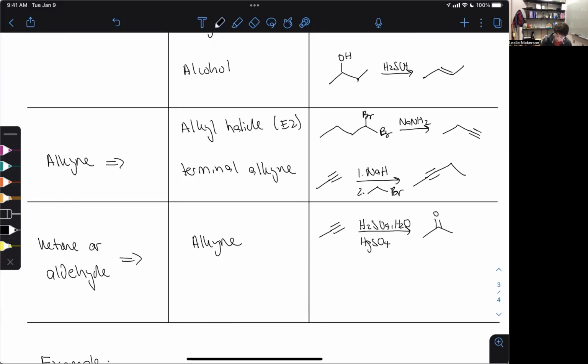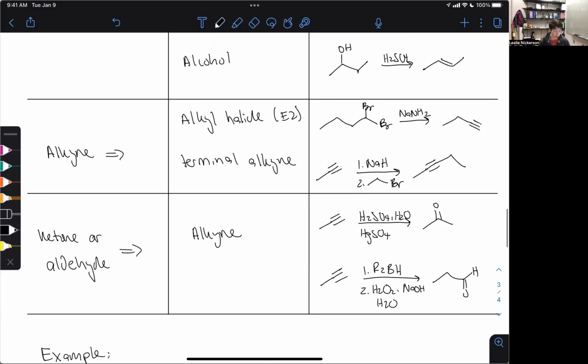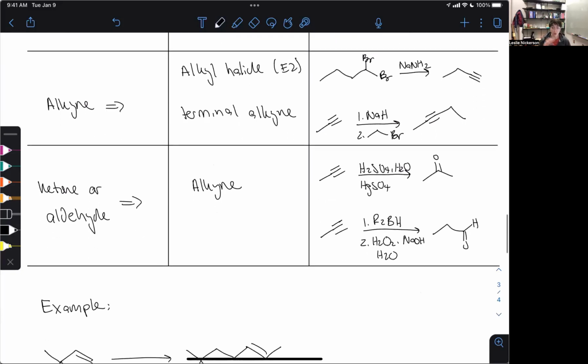That's going to give us a ketone. If we do the hydroboration oxidation method, that's going to give us our aldehyde and give us the least substituted hydration. So those are all good ways to think about this.